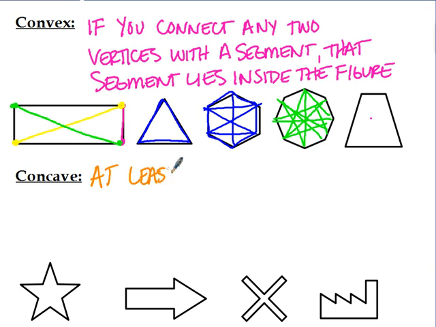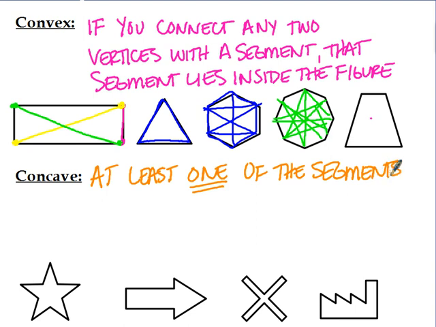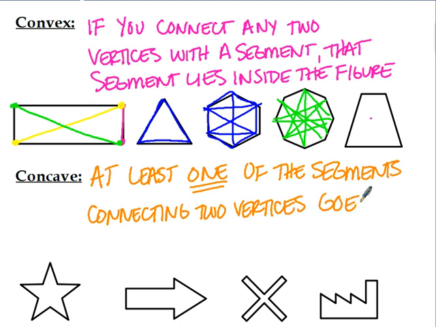So you only need one of the segments connecting two vertices to go outside of the figure. So you only need one, at least one.